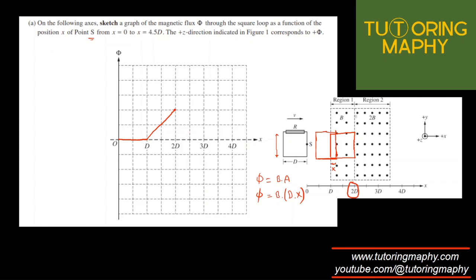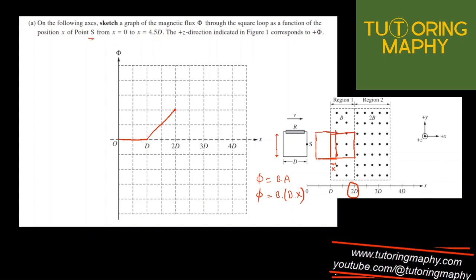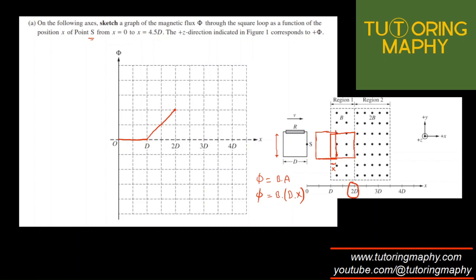After 2D, something interesting is going to happen because some portion of the loop will enter the other magnetic region, region number 2, and some will still be in region 1. So I think it will still increase, right? Yeah, it should still increase.